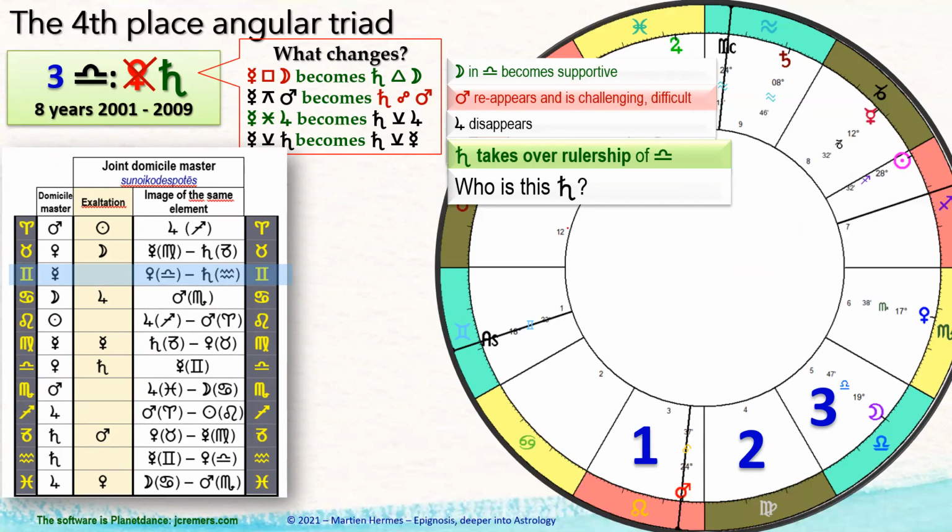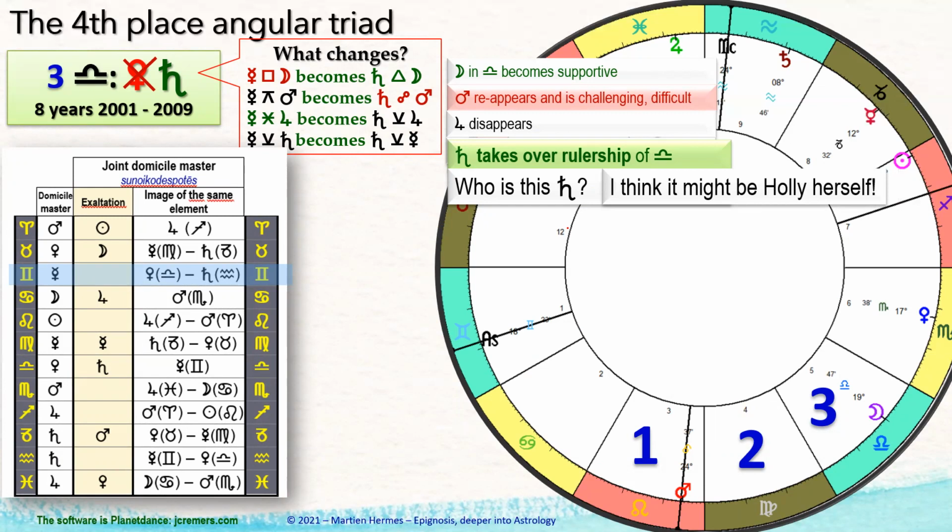There is no exalted ruler. So we look whether or not Venus can see its image, the image of Gemini, and it cannot. So the only planet left is then Saturn. So Saturn can see the image of the Gemini, the twins.